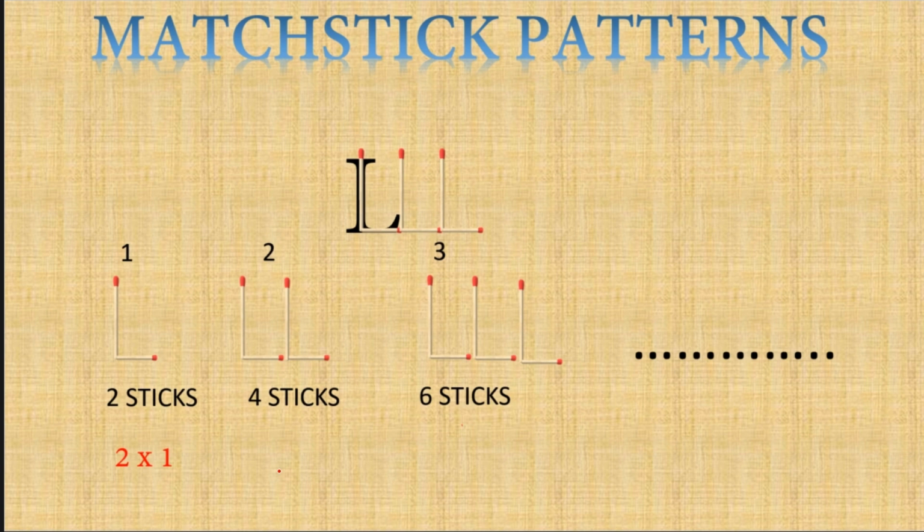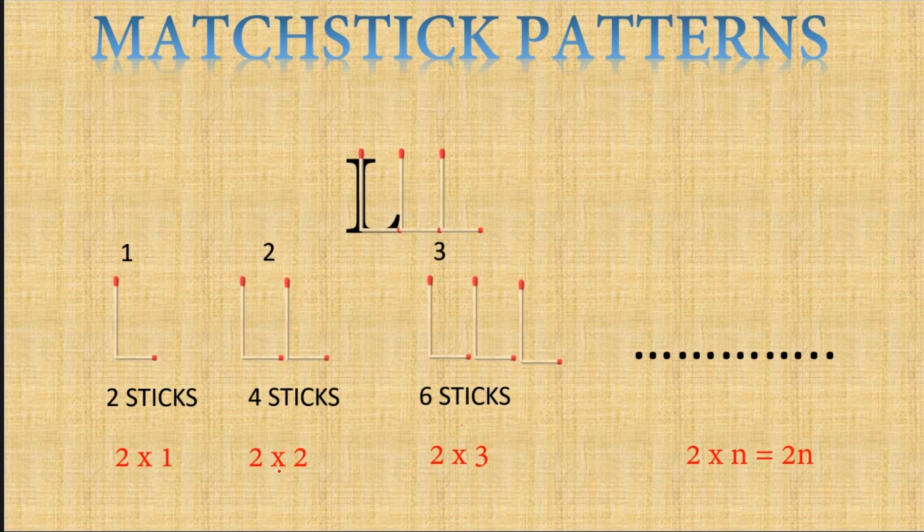How to get 4 using 2? 2 into 2 is 4. Again 6 sticks for 3 L's. How to get 6 using 3? We have to do 2 into 3, that gives 6. By observing this, we can say the number of sticks required to make a particular number of L's is just 2 times it. Then the formula can be generalized like 2 into n, where n stands for the number of L's we want to make.